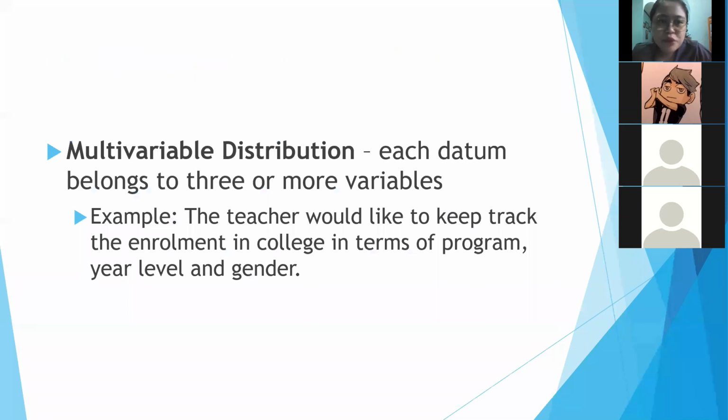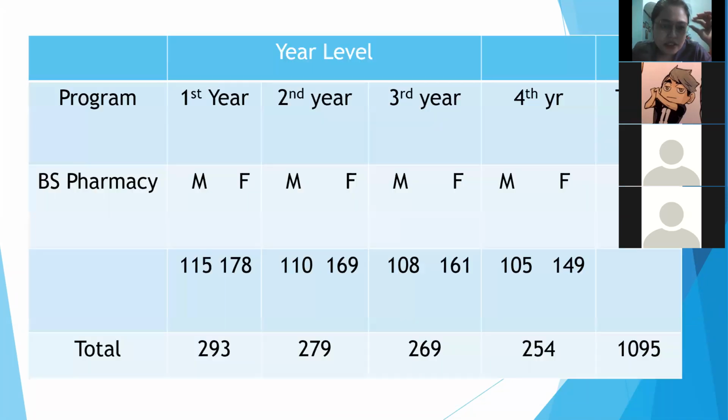And then we have multivariable distribution. So from the word multivariable, meaning you have three or more variables. For example, the teacher would like to keep track the enrollment in college in terms of program, year level, and gender. So daghan ka og variables din he.